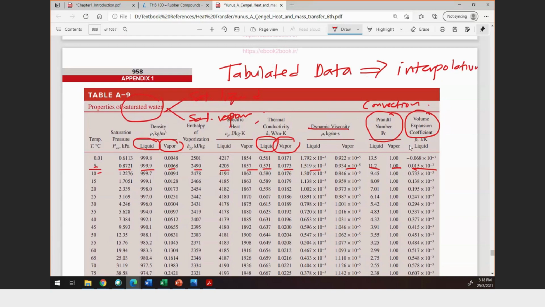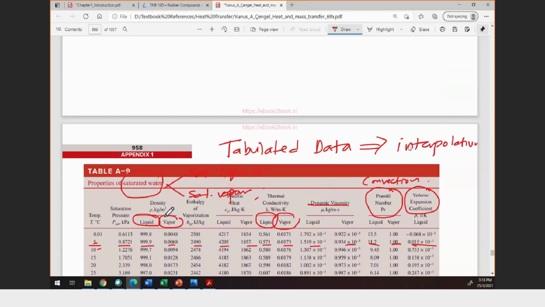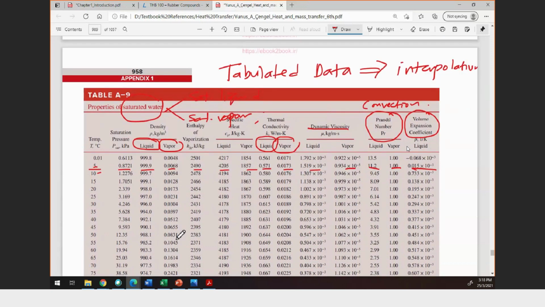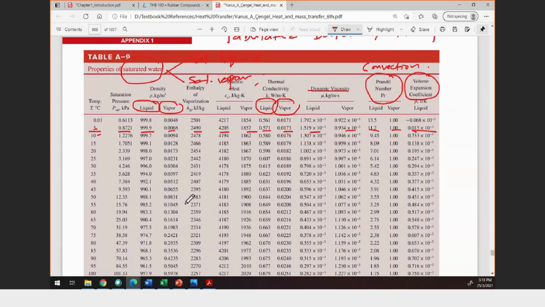So all of this is tabulated data, okay. Some students ask me whether we really use this tabulated data when we are working outside as an engineer. Okay, it depends on the environment. If you are in research, if you are an R&D engineer, then you may use this.